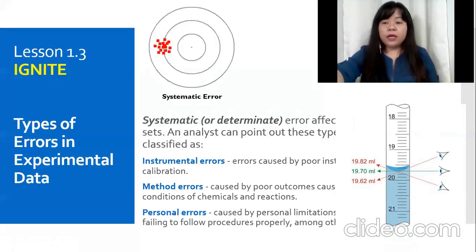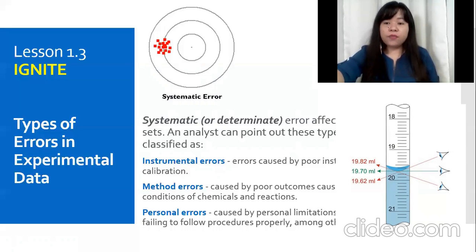That is when a person reads the lower meniscus or reports a reading consistently high or consistently low when the eye level relative to the meniscus is high or low. Ideally, you would have to read the measurement at eye level.